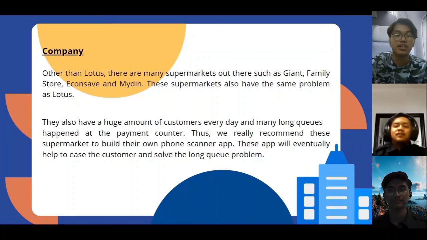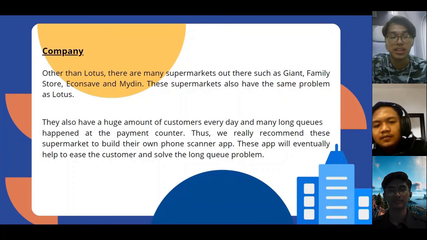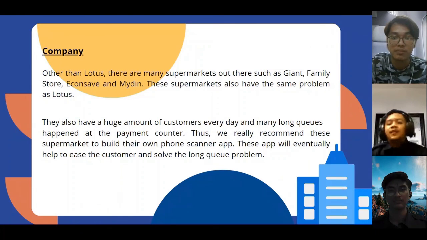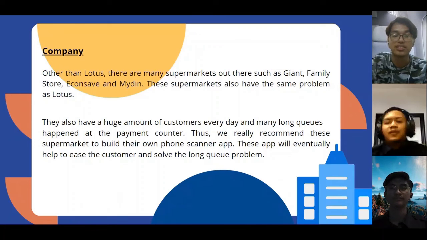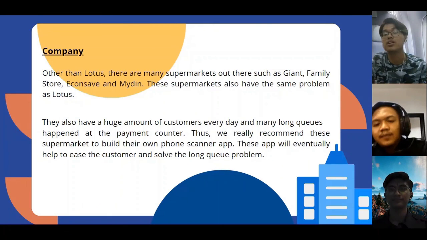They also have a huge number of customers every day, and many long queues happen at the payment counter. Thus, we really recommend that these supermarket companies build their own phone scanning application that will eventually help to ease the customer and solve the long queue problem and crowded counter area.